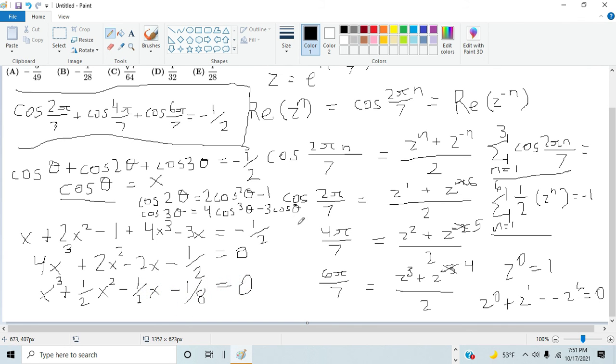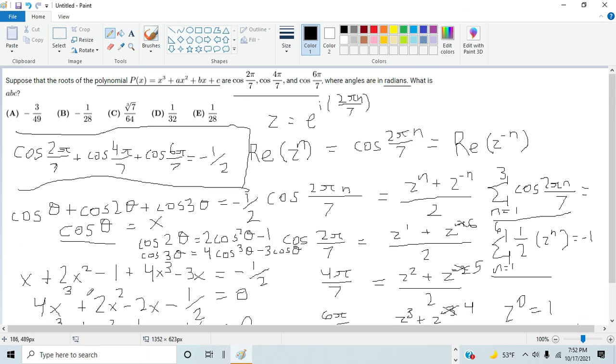Now here's the good thing. Remember, this is the equation that we generated with the idea that its roots were cos of 2 pi by 7, cos of 4 pi by 7, and cos of 6 pi by 7. And we just did this by generalizing it. So doing that, we got a cubic, and simplifying it, we get our cubic, which appears to have the same form as the one provided in the problem.